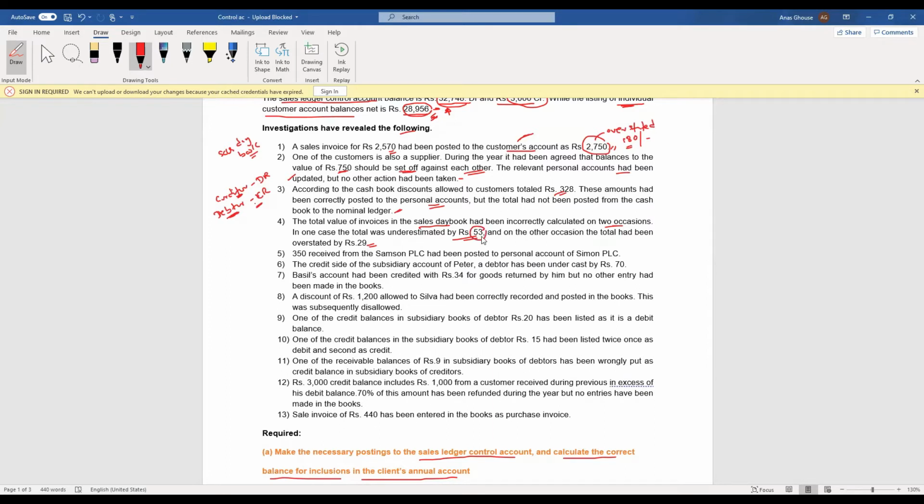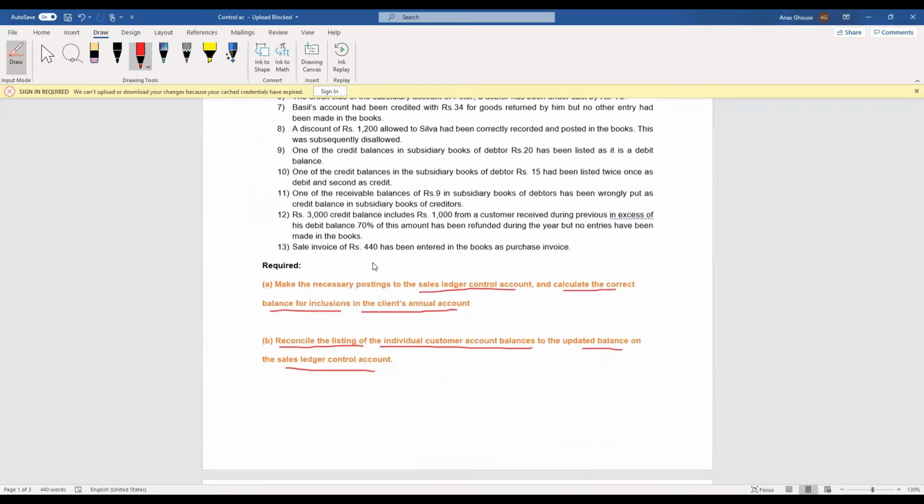And on the other hand, this 29 was overstated. So therefore, what we have to do, we need to credit the control account. Okay, so we need to credit the control account by 29 and we need to debit the control account by 53.